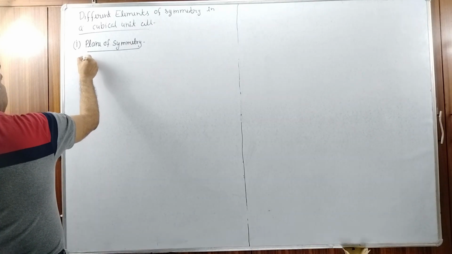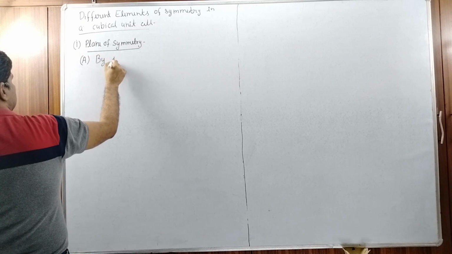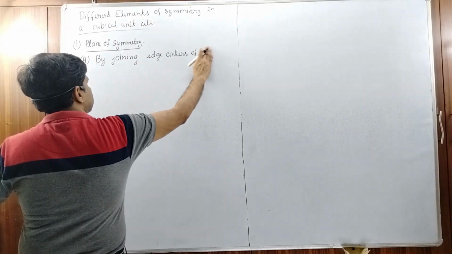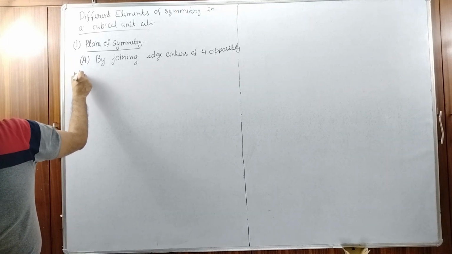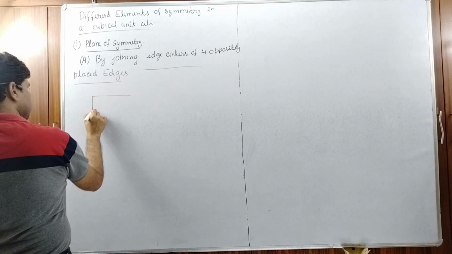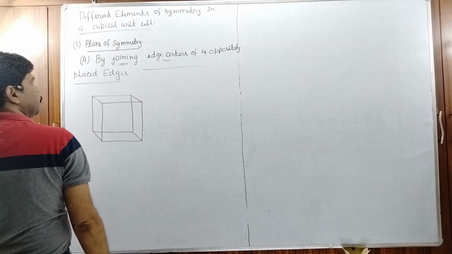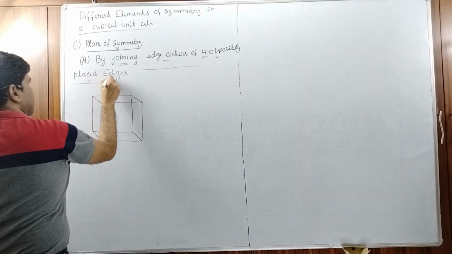In this one, the first type of plane of symmetry we have is by joining edge centers of four oppositely placed edges. First we have to draw one unit cell. We have to join the edge centers of four oppositely placed edges.